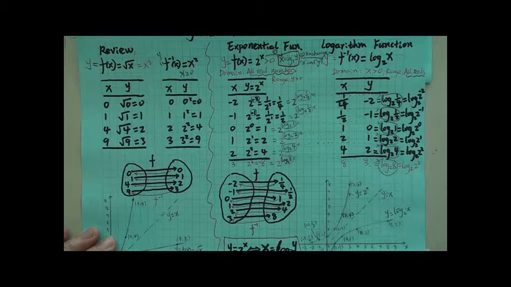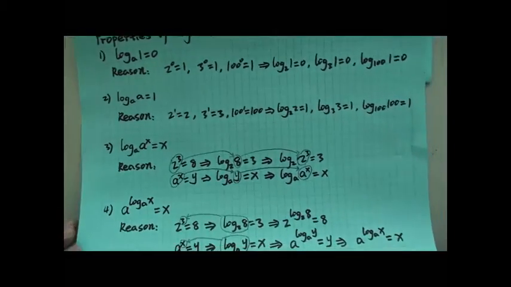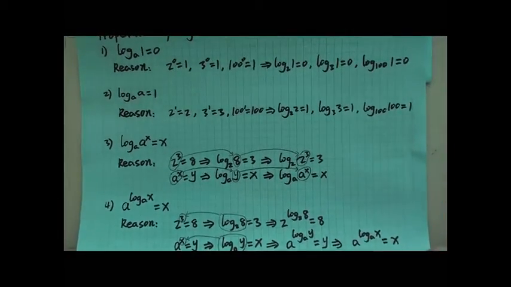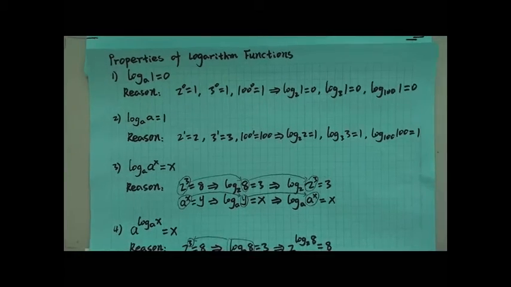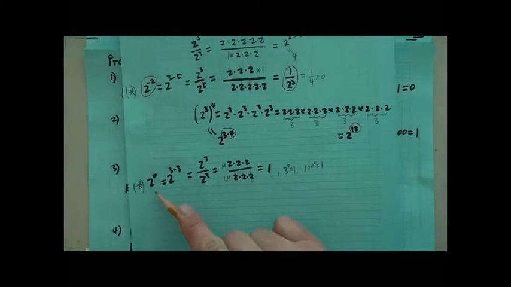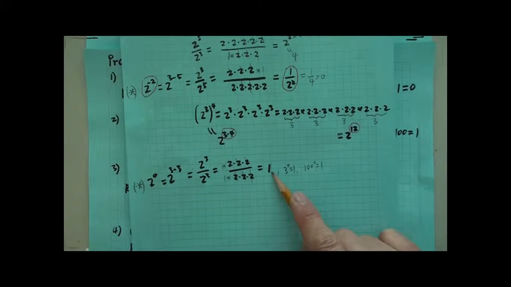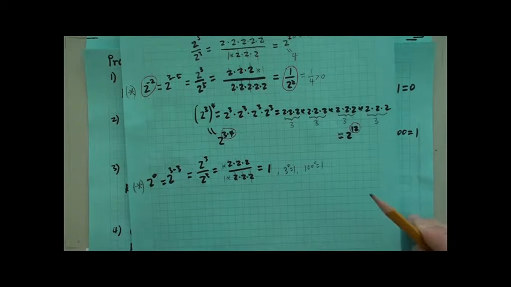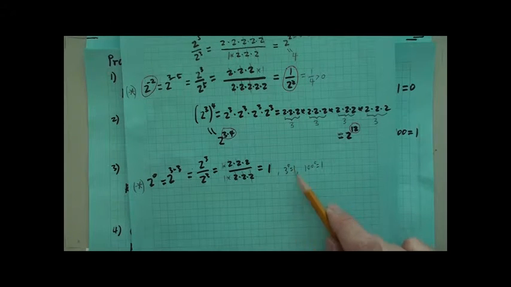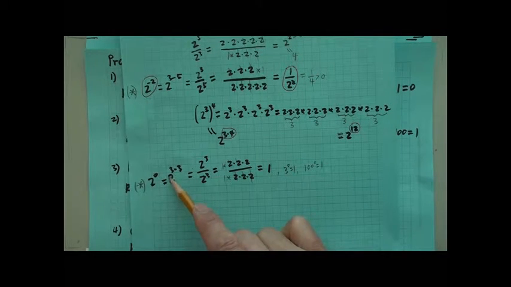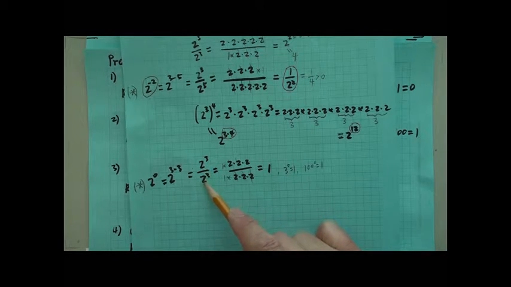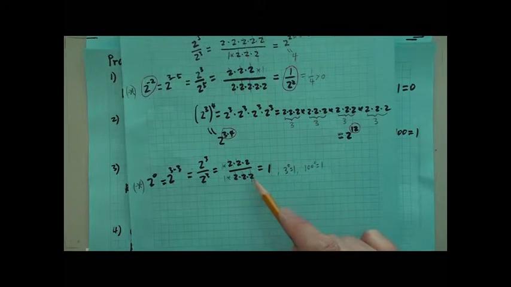Now, here are the properties we want to understand. You probably remember again, 2 to the 0 is 1. That's what we reviewed. By the same reason, 3 to the 0 is 1, because here you can put 3 everywhere.